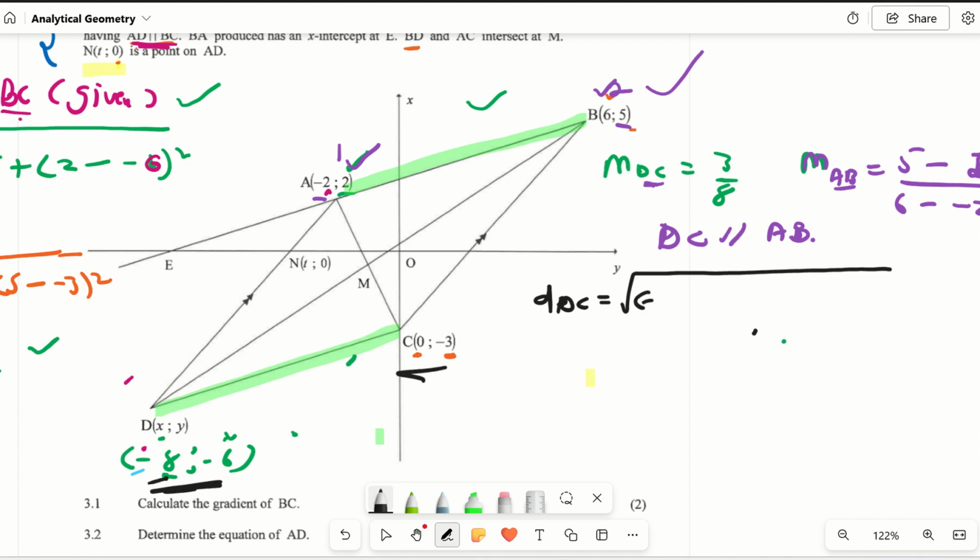My x1 is minus 8 minus x2 is 0 squared plus my y2 is minus 6 minus my y1 is minus 3 squared. Therefore, the distance of DC equals, what's the distance of DC?